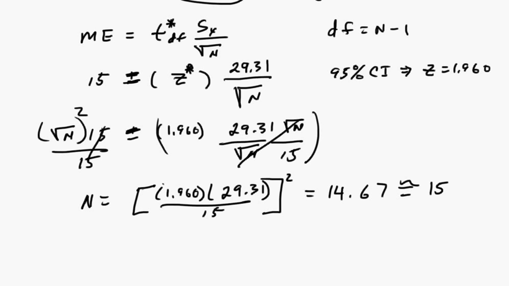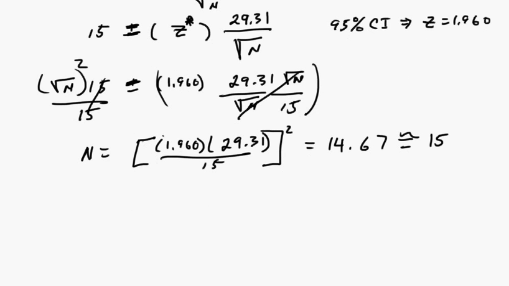So now that we know that, let's go back and say that implies degrees of freedom equals 15 minus 1 equals 14.